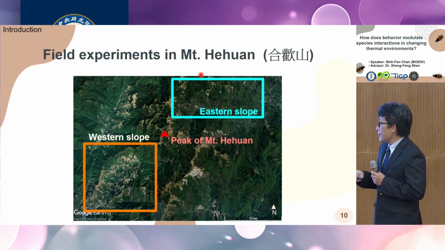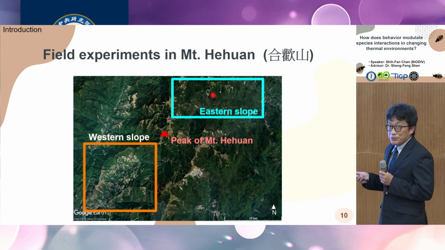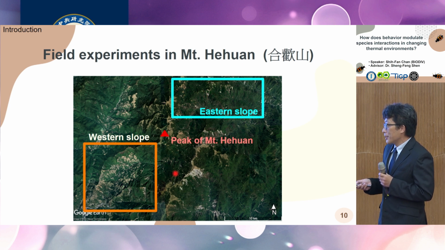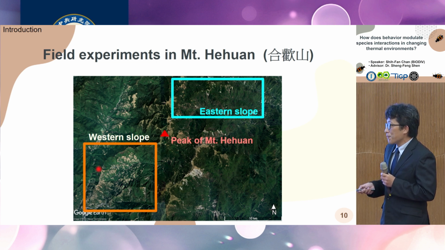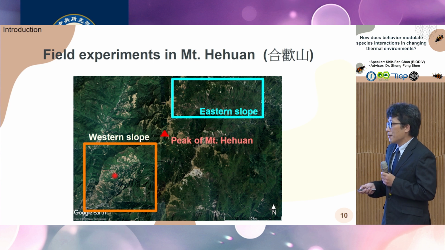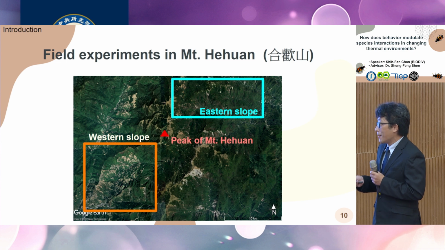The eastern slope of Mountain Hehuan is an intact forest well protected by Taroko National Park. However, the western slope of the mountain is heavily cultivated and suffering from heavy loss of forest. This provides us an excellent opportunity to test our hypothesis.